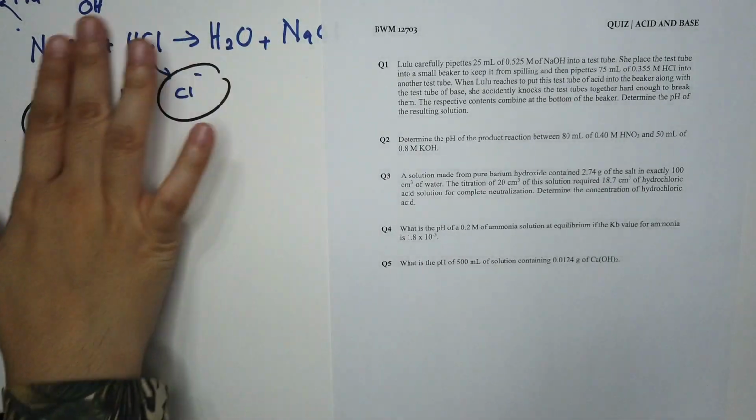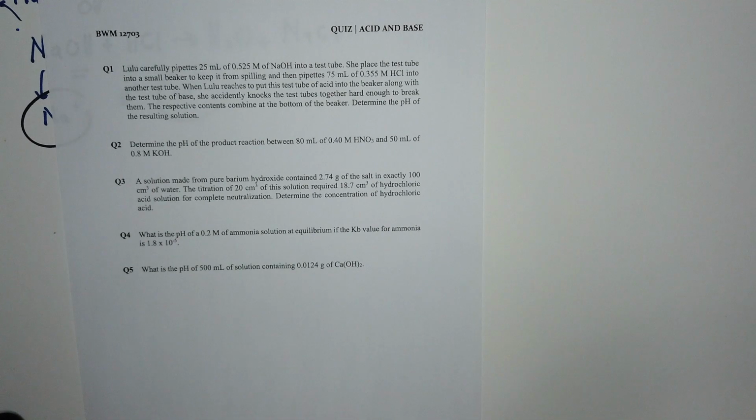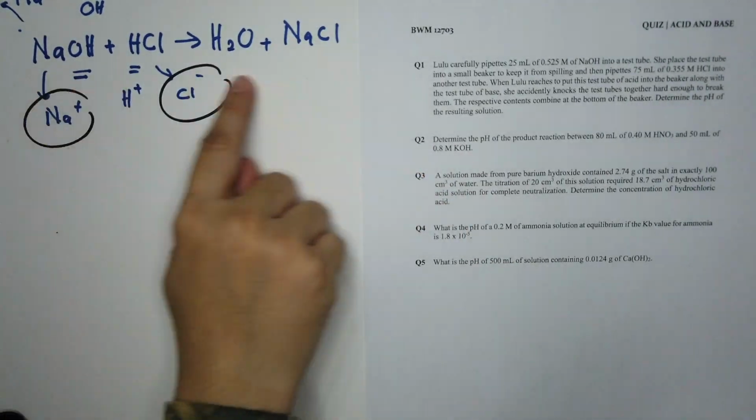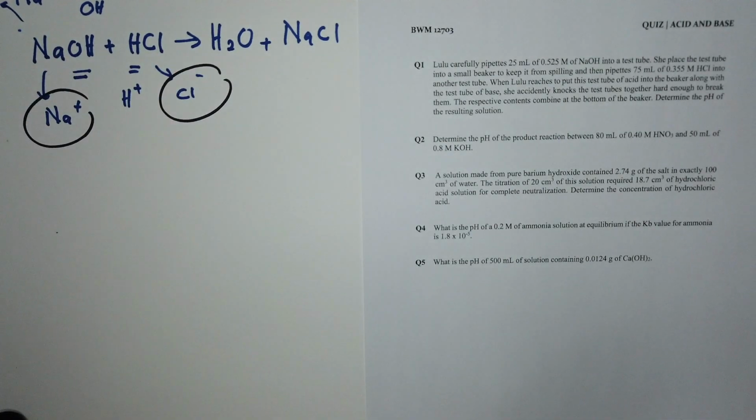When you have this equation you don't really need the concentration of the substance yet, but you do need the number of moles so that you can do the ratio between these reactants.